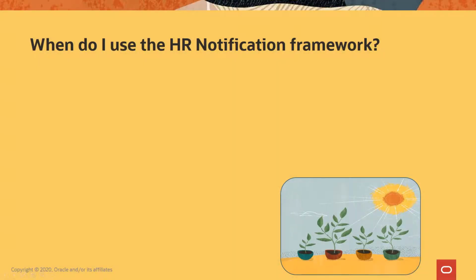So you might be asking yourself, when do I use the HR notification framework? You can use it as a related action. Related actions are configurable. So if you wanted to use a notify employee related action, you would use the HR notification framework. If you wanted a quick ad hoc notification, you can just go to HR notification and create one, or you can use it as the related action, like we did with Dan Atwood in my demo.